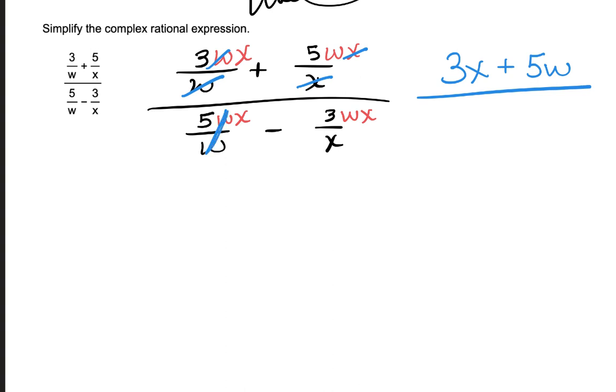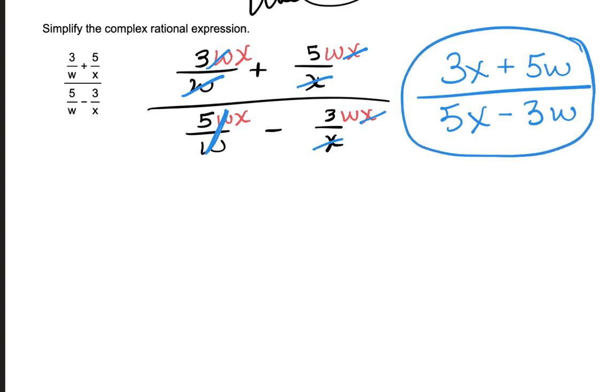Those w's cancel. And then here the x's cancel. And there's my answer. There's nothing else you can do for that to simplify. So that was a quick one-step thing if you're using the shortcut. You don't have to work it this way though. You can take it a few more steps and get the right answer.